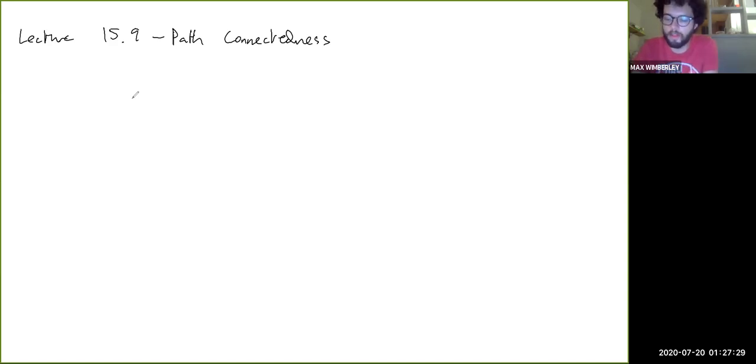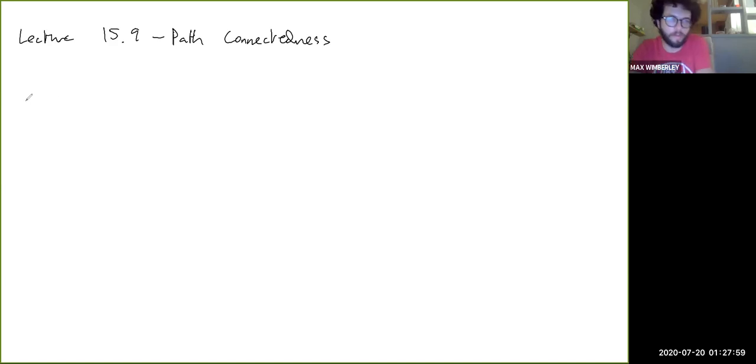I even kind of alluded to it before when I was talking about connectedness itself, with intervals, where you can't cross from one piece of a disconnected interval, with a deleted point in the middle, to the other side without hitting a point that's not inside of the set. That's exactly the idea we're going to be using in path connectedness.